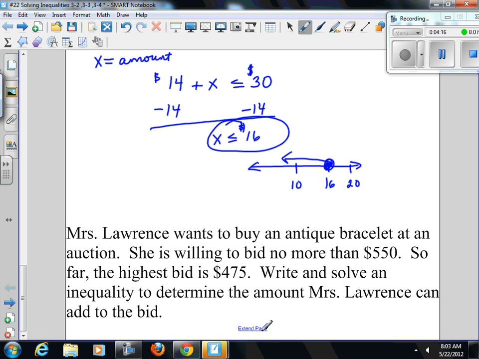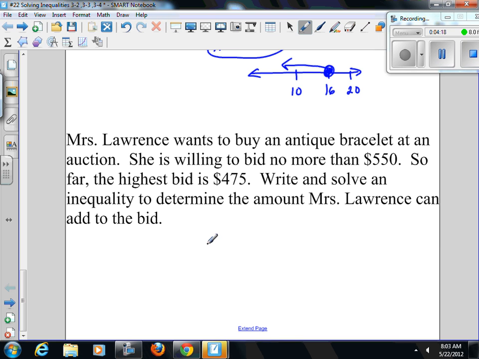Okay. Mrs. Lawrence wants to buy an antique bracelet at an auction. She's willing to bid no more than $550. So far, the highest bid is $475. Write and solve an inequality to determine the amount Mrs. Lawrence can add to the bid. So let's have X be the amount that she can add. You can use whatever variable you want.